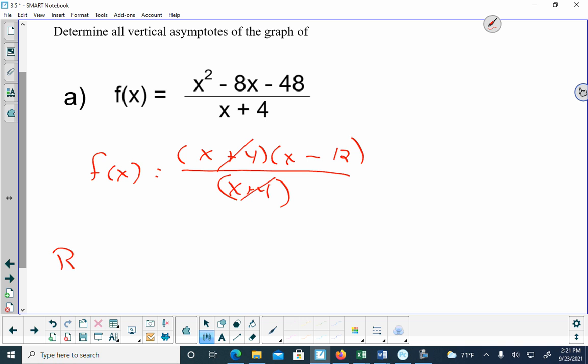So I have a removable discontinuity at x is equal to -4.